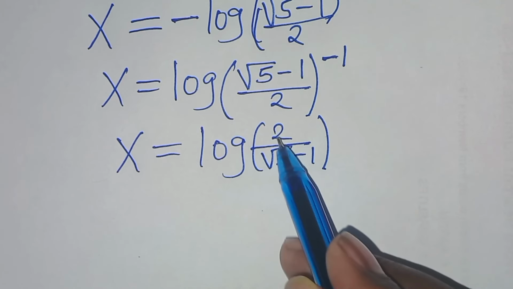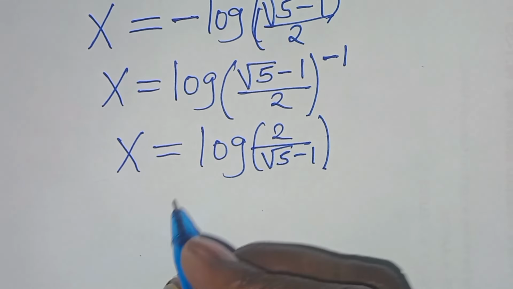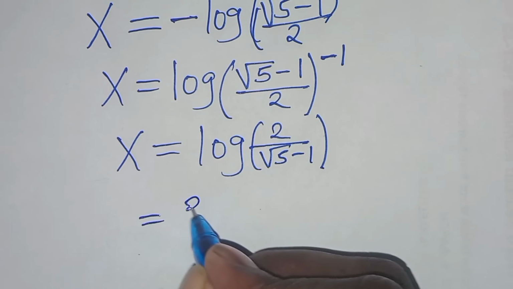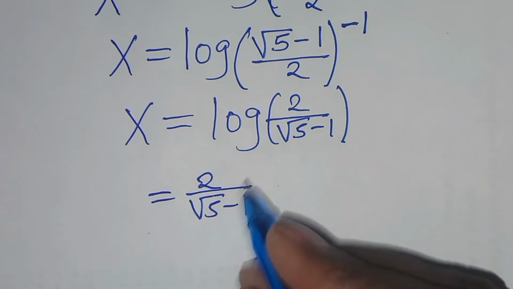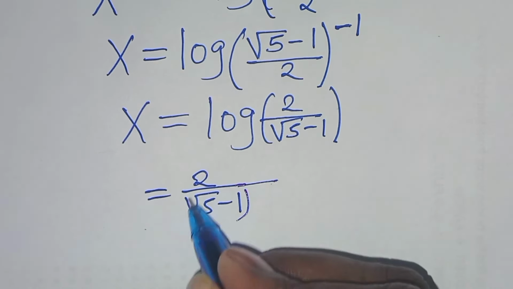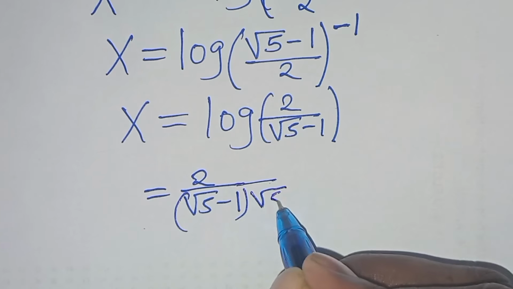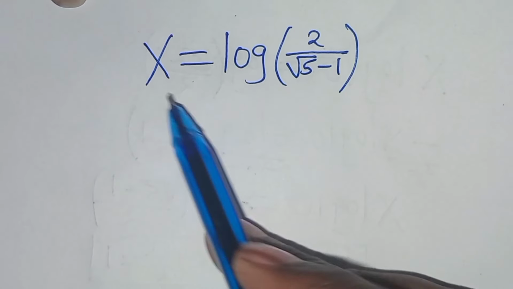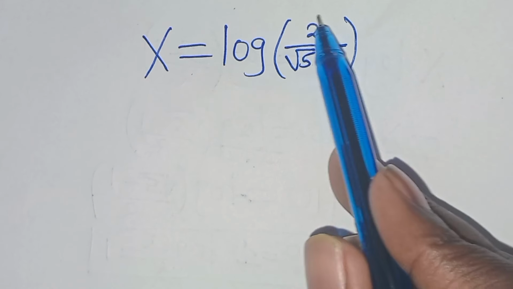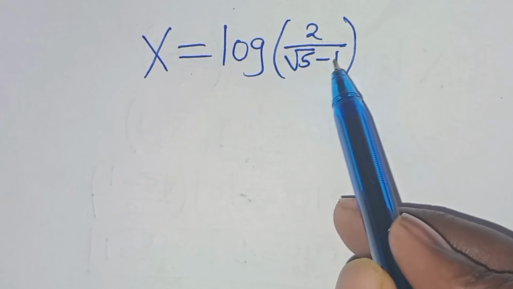But you can see here we have 2 over square root of 5 minus 1. We can rationalize the denominator here by introducing a conjugate, that is square root of 5 plus 1. So x is equal to log of 2 over square root of 5 minus 1.